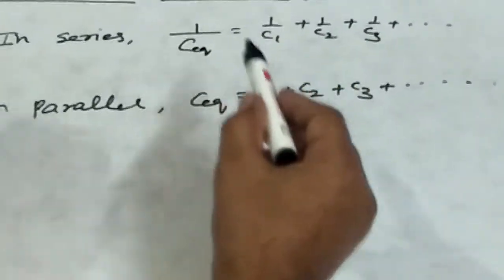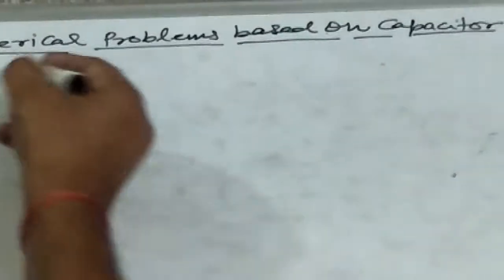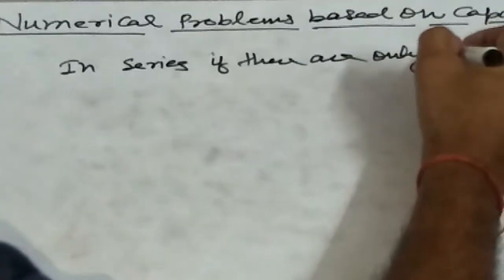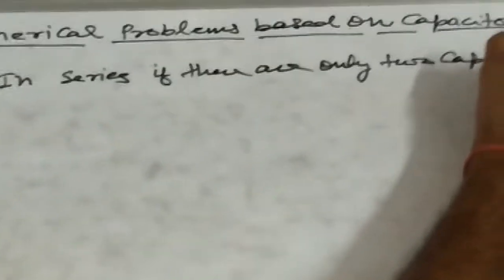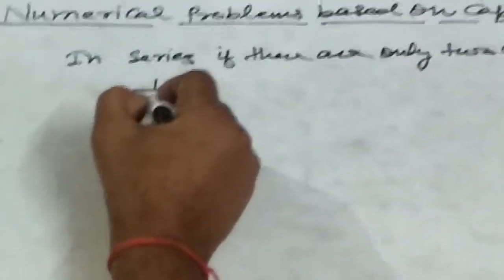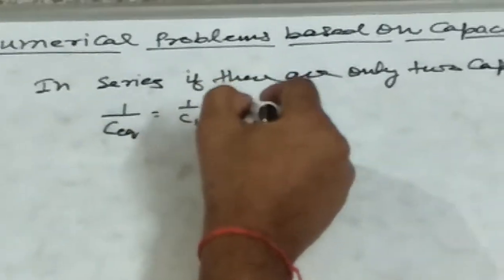Again, in series combination, if there are only two capacitors, then you can write 1 upon C equivalent is equal to 1 upon C1 plus 1 upon C2.